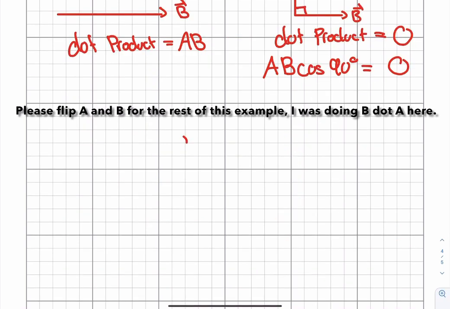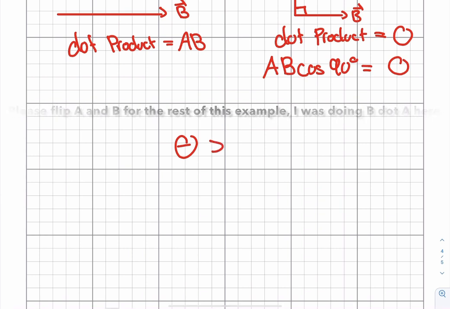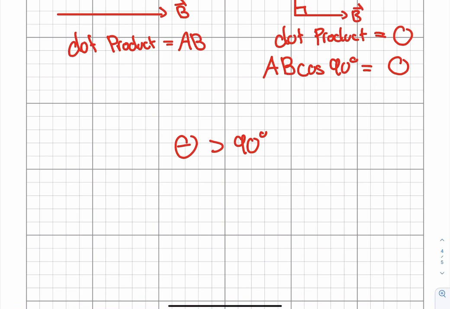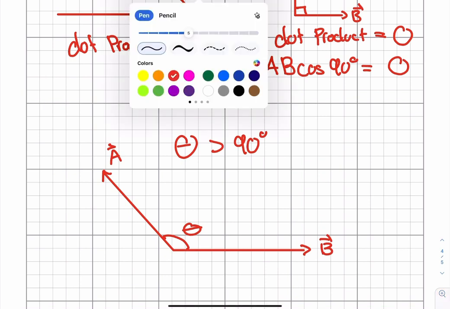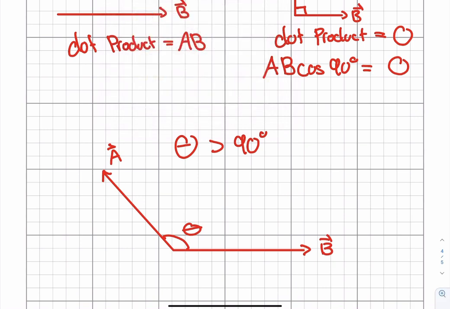Now, one last example. What happens if the angle is greater than 90 degrees? For example, this vector a and this vector b have an angle between them that is obtuse. Well, this gets a little interesting because the parallel component of vector b is actually behind vector a.